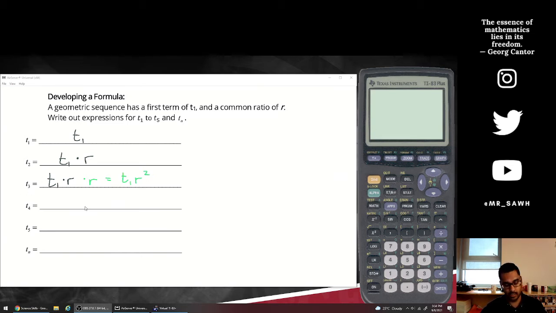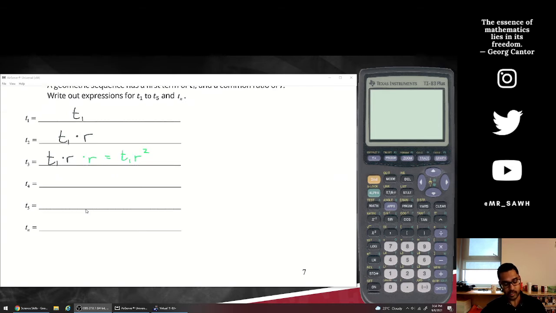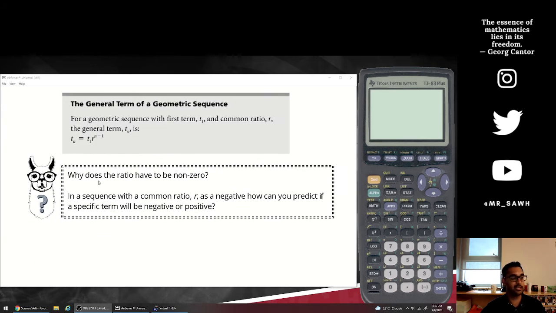By the same logic, term number 4 is going to be t1 multiplied by your ratio, well, not 4 times, always one less, so 3 times. t5, no exception, ratio 4 times, which means any term, the general term here, if I don't know which one it is I'm looking for, you can find it by taking your first term, multiplying by your ratio, n minus 1 times, always one less. So there is the formula for the general term of this geometric sequence. This will work for any single one, which is nice because there's the formula for it.